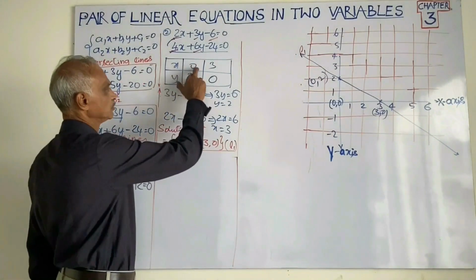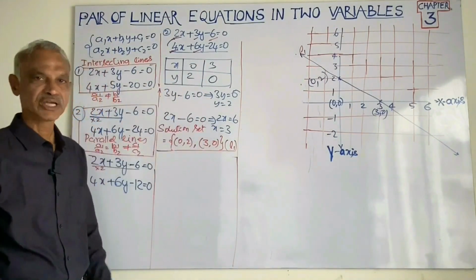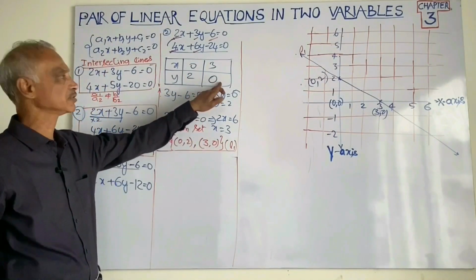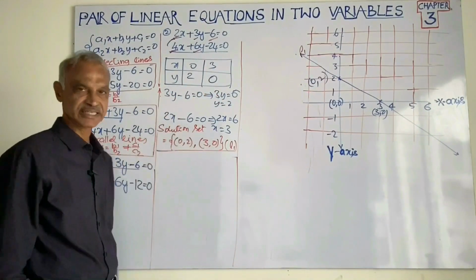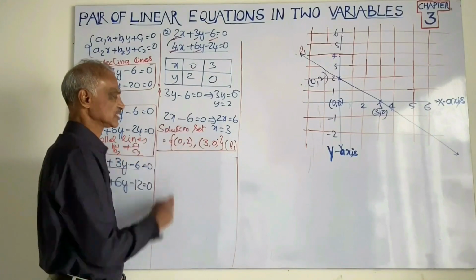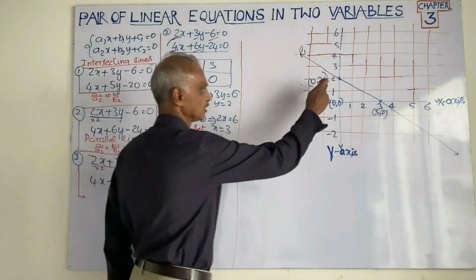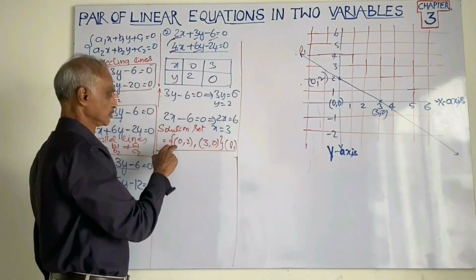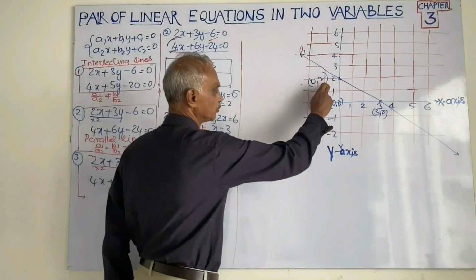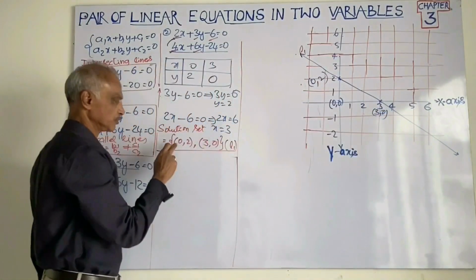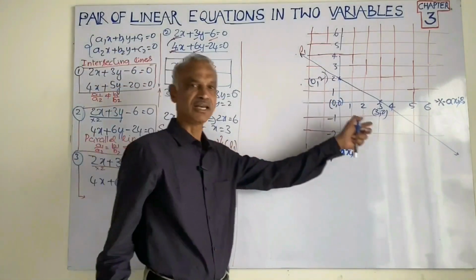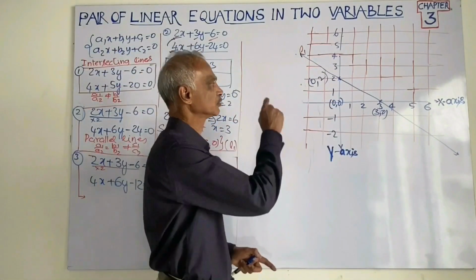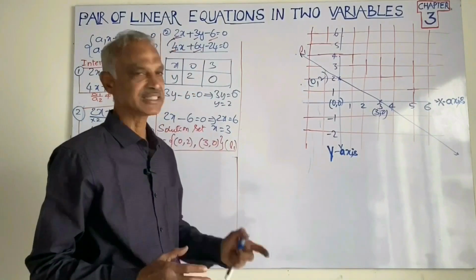I took x is equal to 0, got y is equal to 2, and took y is equal to 0 and got x is equal to 3. With the help of the solution set, I drew this. It is touching the y axis at (0, 2) and the x axis at (3, 0). It is a line L1 passing through (0, 2) and (3, 0).